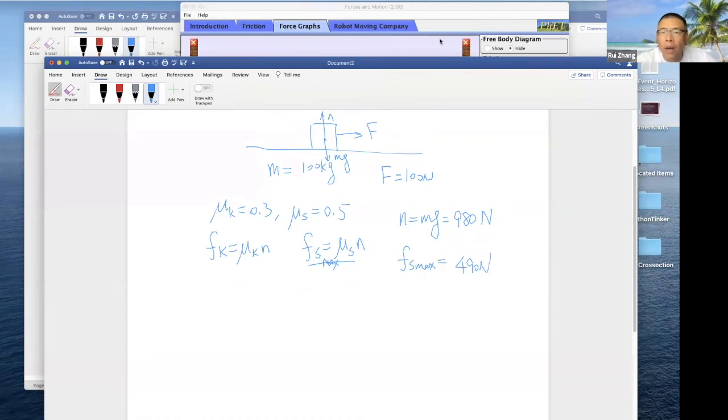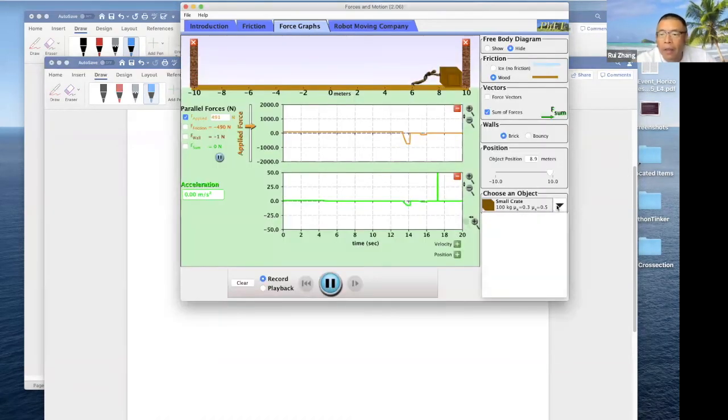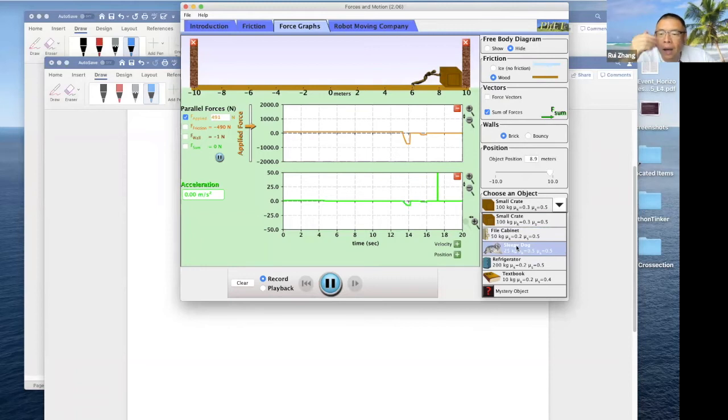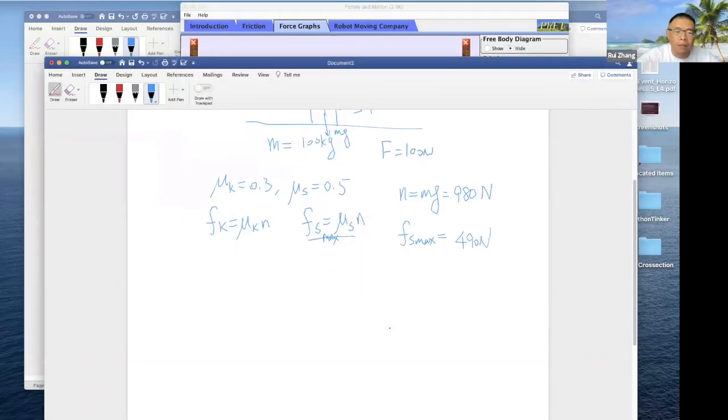I want you guys to try it for other objects in this lab. I'm going to ask you to try a few cases. What is the maximum force you need to use to move the object? You can do a calculation first and then verify this. The first part of the lab is going to be about static friction.